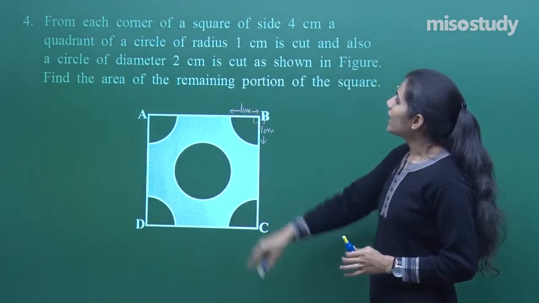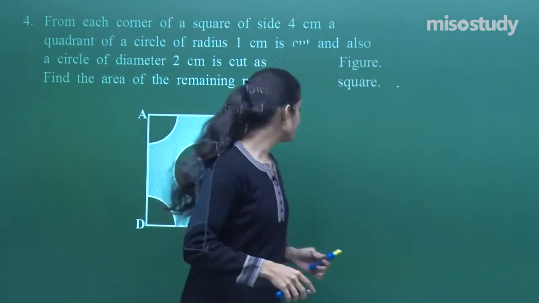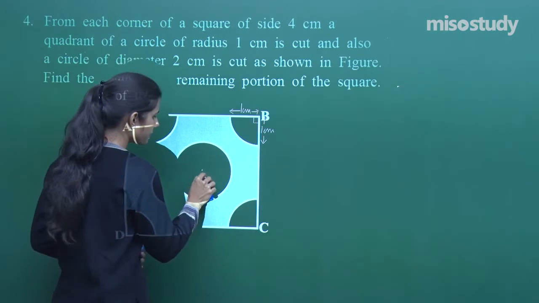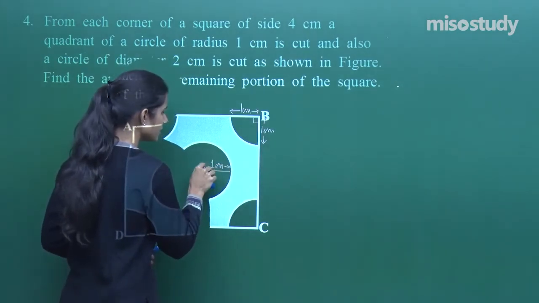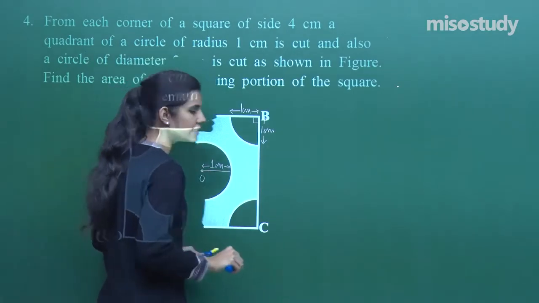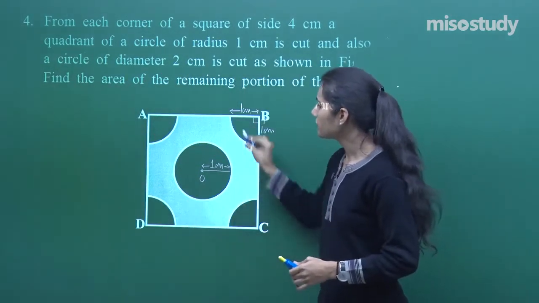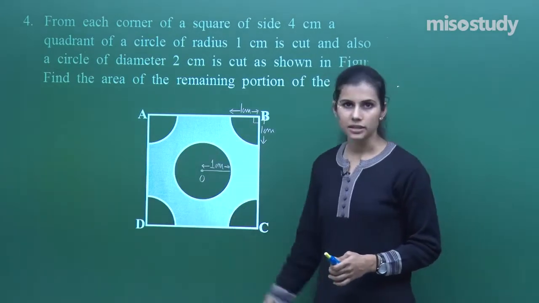Also a circle of diameter 2 centimeters is cut out. This is a circle of diameter 2 centimeters. If this circle has diameter 2 centimeters, say this is the center, the radius of this circle will again be 1 centimeter. If the diameter is 2 centimeters, radius will be 1 centimeter, right? I have to find the area of the remaining portion. This is very, very easy. I will find out the area of this circle.